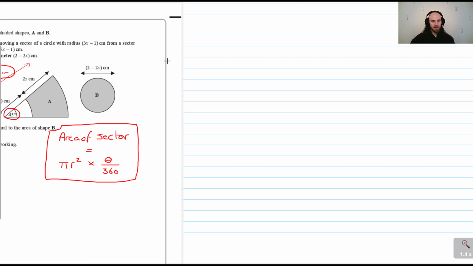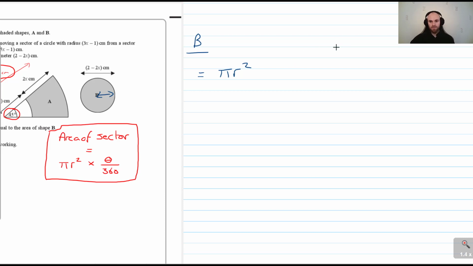Let's put this into blue now. So for b, we know that the area of a circle is pi r squared, but we don't have r yet. We have the diameter, but we don't have the radius. We just need to halve this.